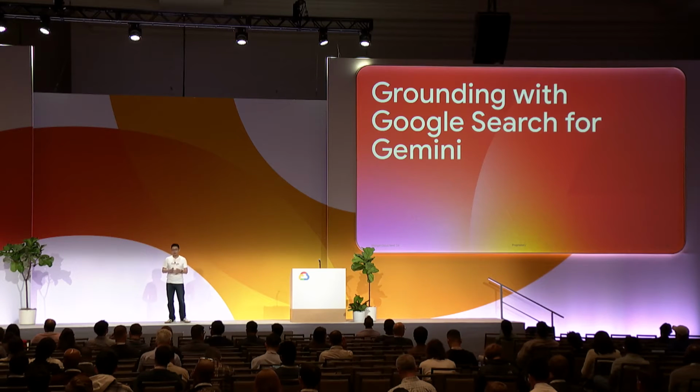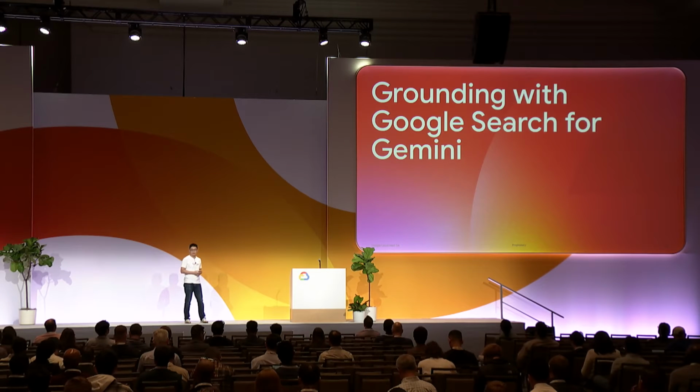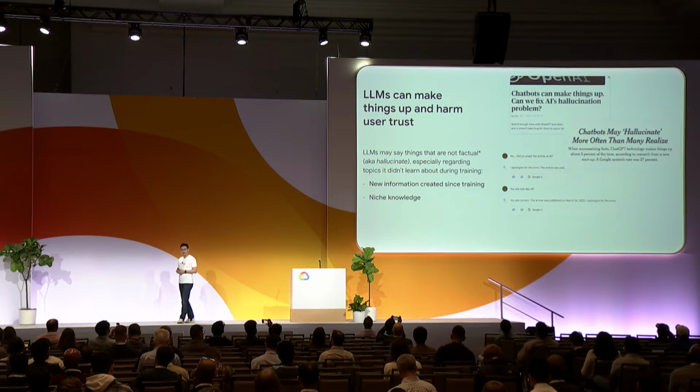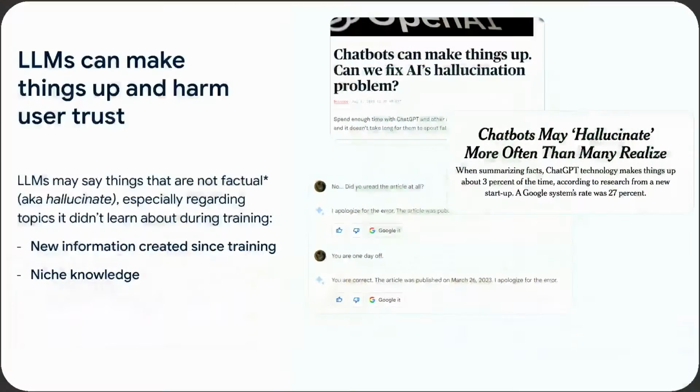Let me talk about grounding with Google Search, a new way of doing grounding with public knowledge. We all know LLMs can make things up and harm user trust. One of the things we often ask is, what's the weather like? Or who is the winner of the Oscar this year? We know the model has a knowledge cutoff because it takes a snapshot of the knowledge at a particular time.